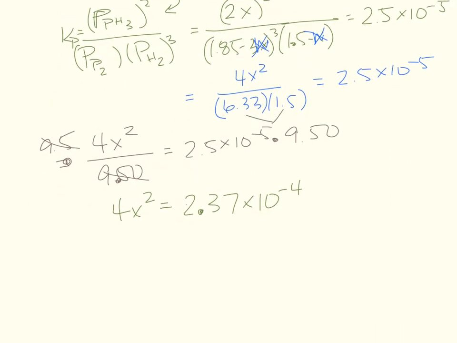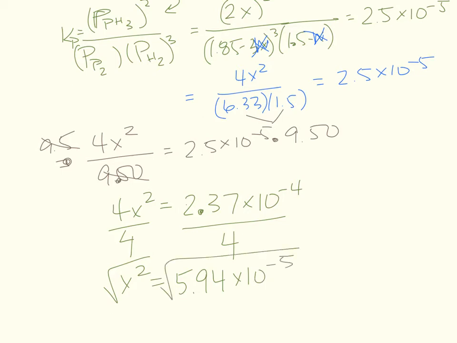Divide both sides by 4, and take the square root. And so x is equal to 7.7 times 10 to the negative third.